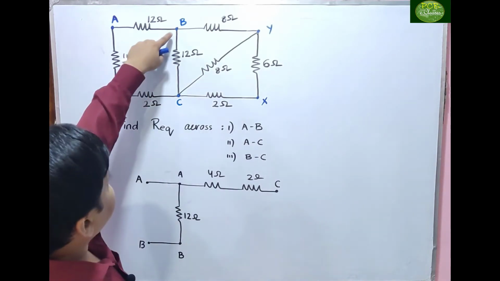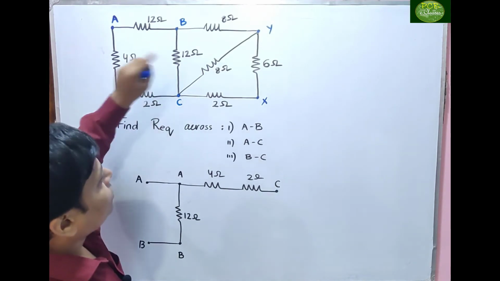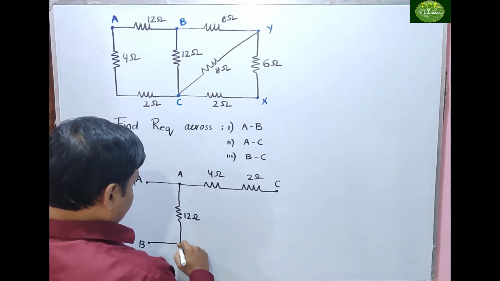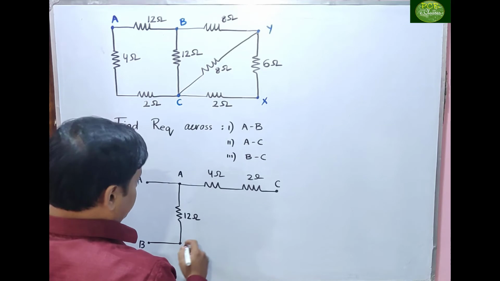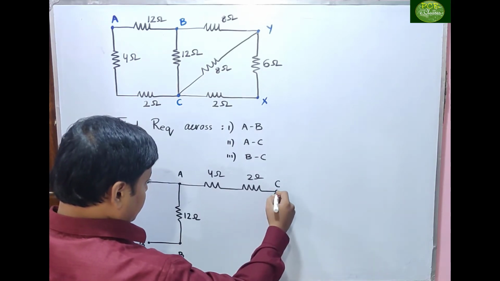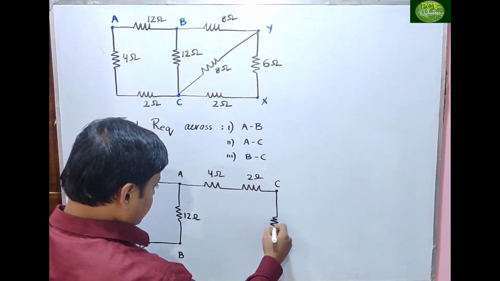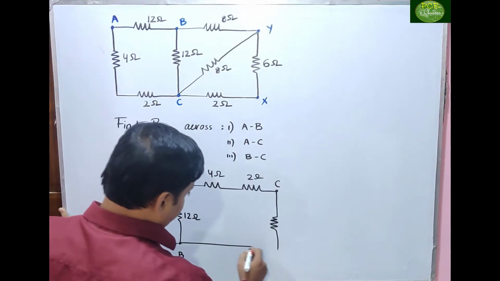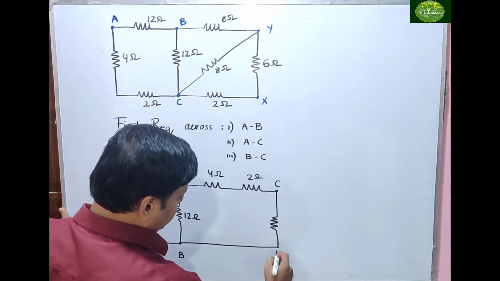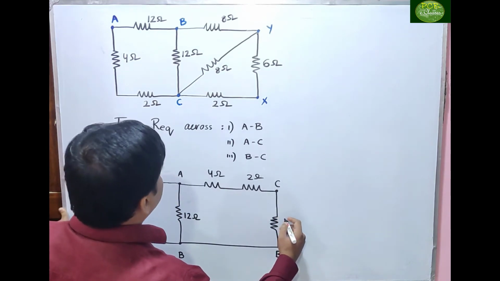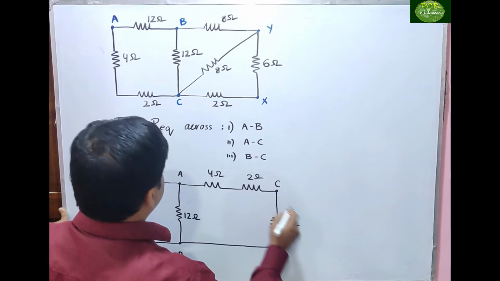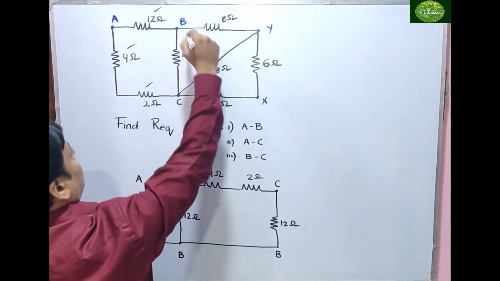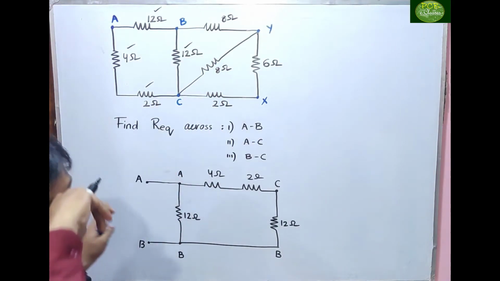Next, B to C, what is present? 12 ohm. So I'll redraw this one. B to C, it is 12 ohm. Can I say this point is also B? So which resistors are completed? 2 ohm, 4 ohm, this 12 ohm and this 12 ohm are done.